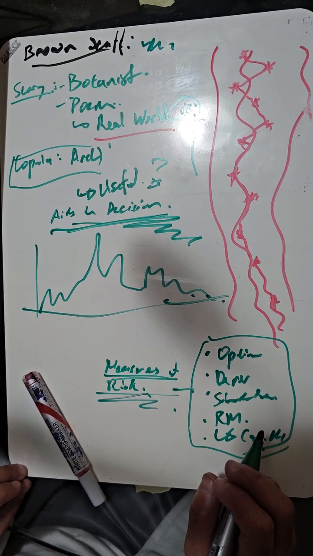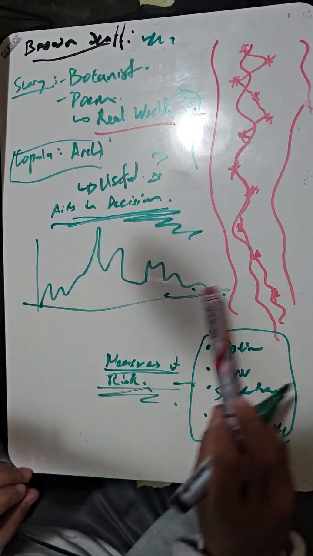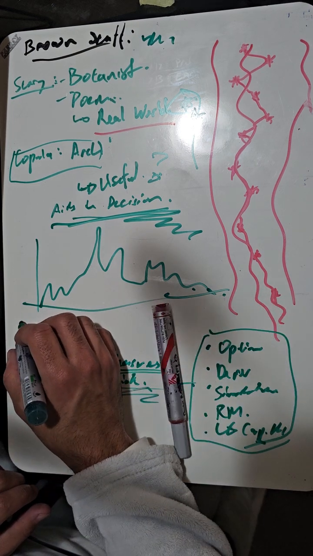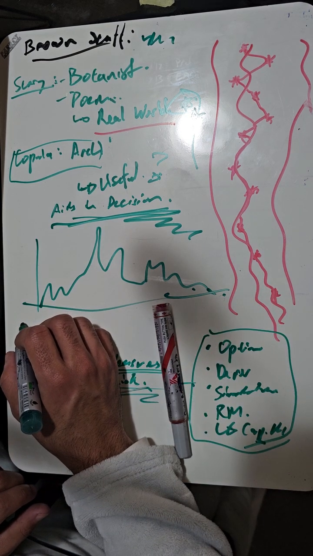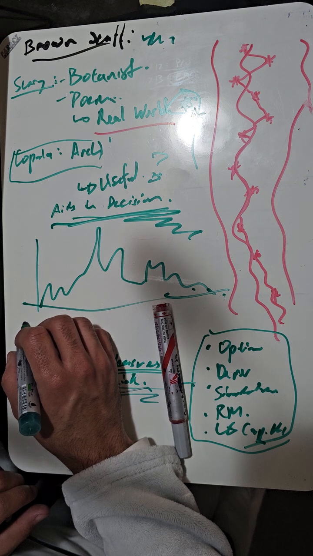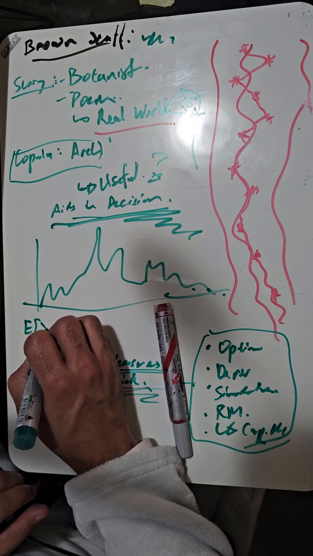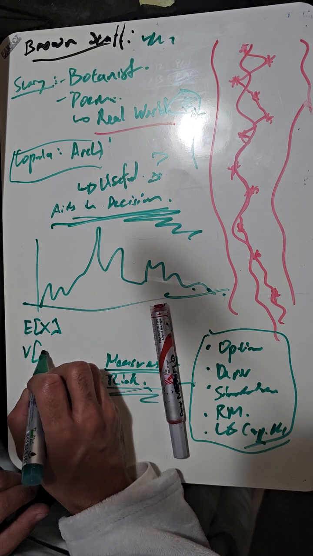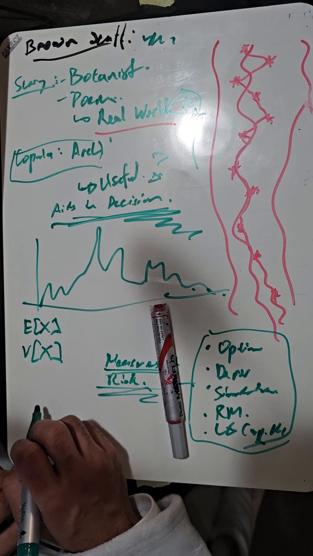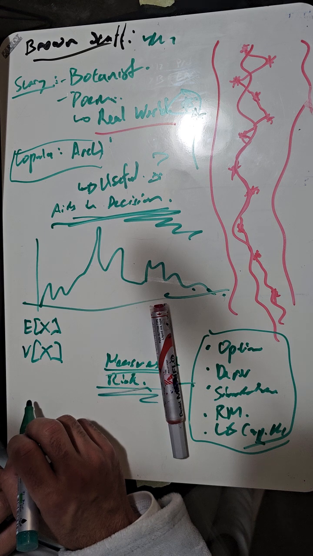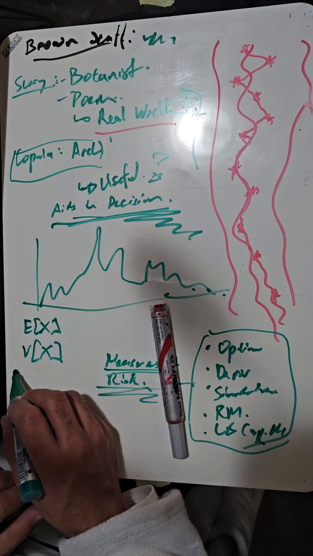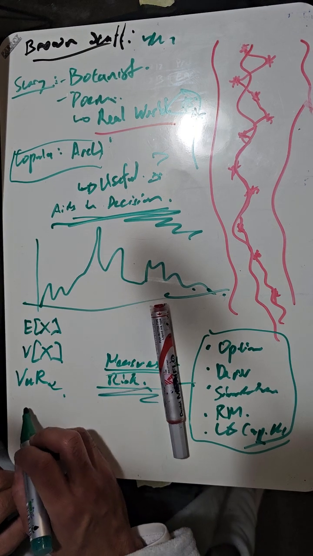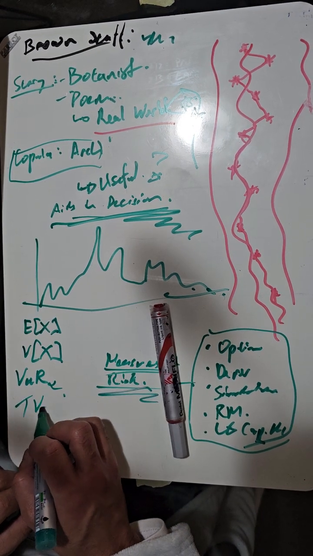When you're studying the content, it's important to remember what your objective is. Don't think about it constantly as you're learning your content, but remember that in the end what you're looking for is some sort of expected value, some sort of measure of risk, and possibly a quantile of value at risk or a tail value at risk.